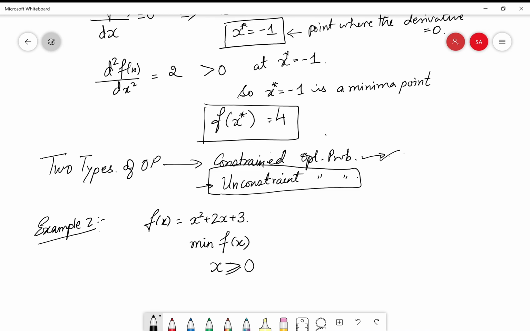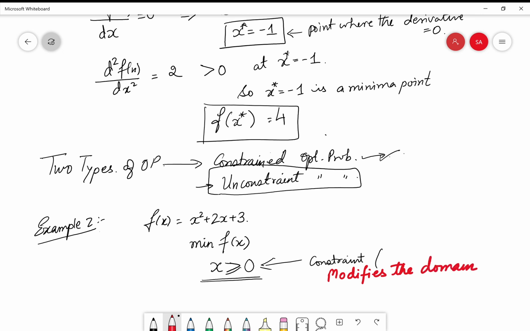So this is a constraint that I have introduced. What the constraint does is that it modifies the domain of the problem.